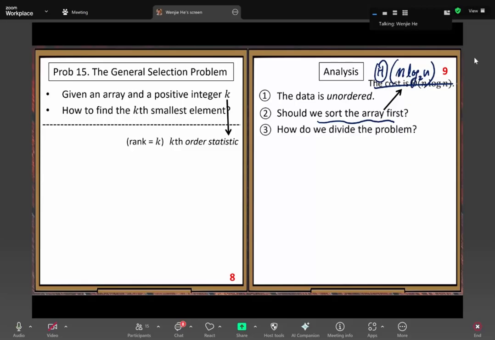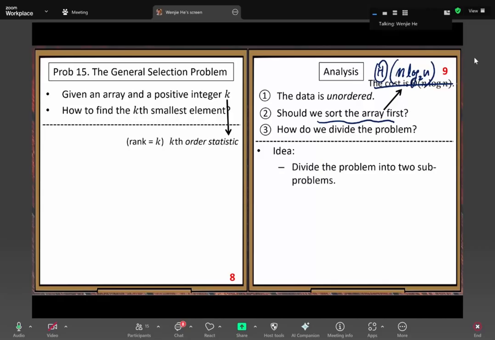So here, let me just describe the solution a little bit. I don't want to go through all the details, but give you some high-level explanation. Divide and conquer. To solve this problem, we need to apply the divide and conquer approach. So, how to divide the problem?